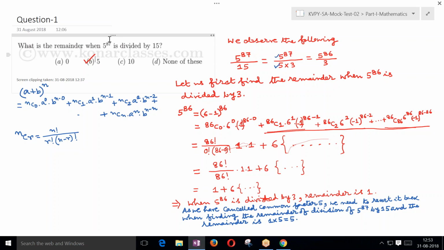After cancelling the common factor 5, find the remainder, then multiply that remainder by the common factor. In this case, the remainder was 1 and the common factor was 5, so we get 1 into 5. That's why it is 5. I hope you get this point clearly.